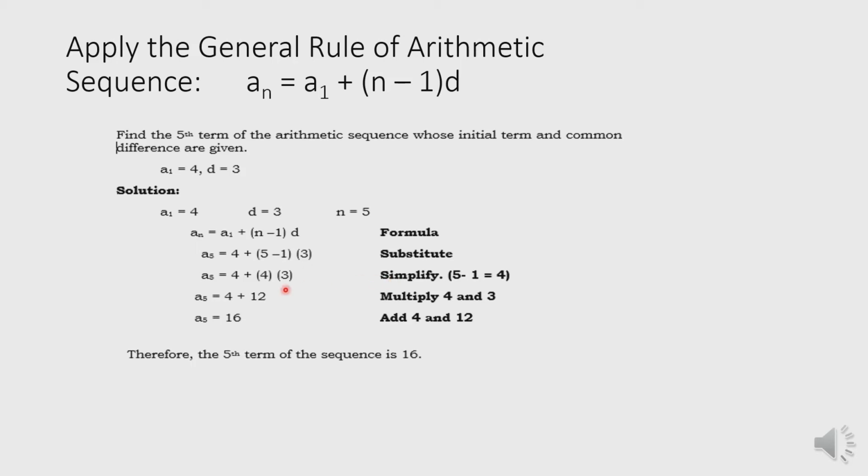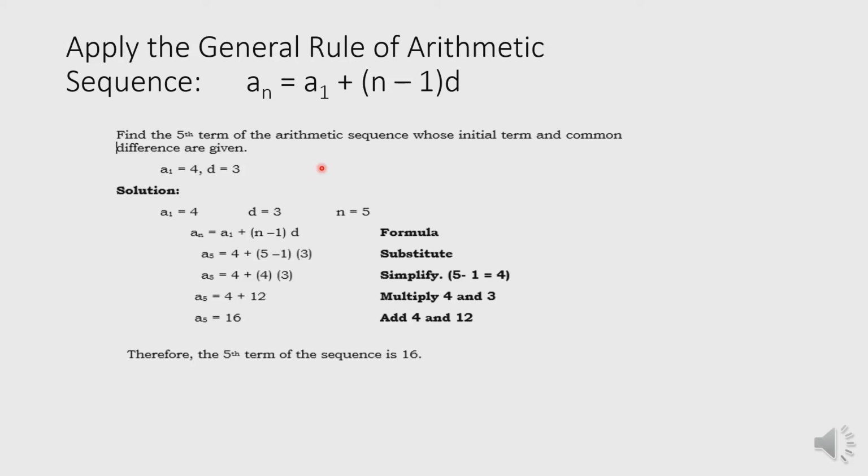and then simplify. So we have a sub 5 is equal to 4 plus 5 minus 1, you have 4, times 3, the d, is equal to 12, and then add 4, you got 16. That means the fifth term is 16. Okay? If we write the sequence starting from 4, plus 3, you have 7.